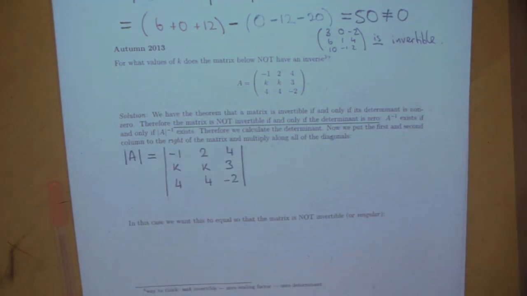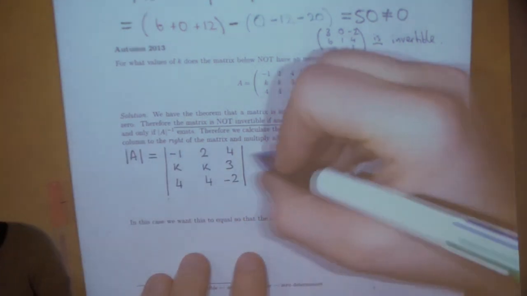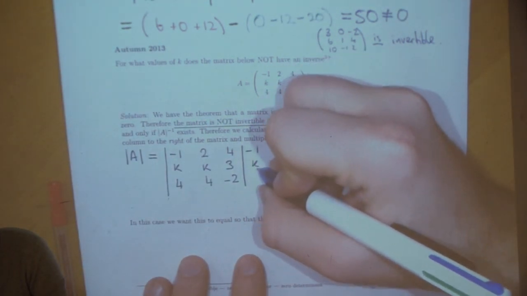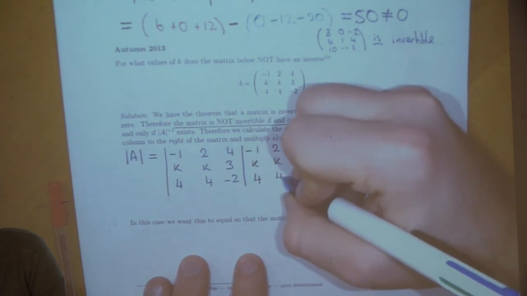So what I'm saying is most matrices have inverses, like there's infinitely many values of k. I think only one of them doesn't give you an invertible matrix. So it's kind of rare for them not to be invertible. So again, we write the first two columns. No IJKs knocking around here.